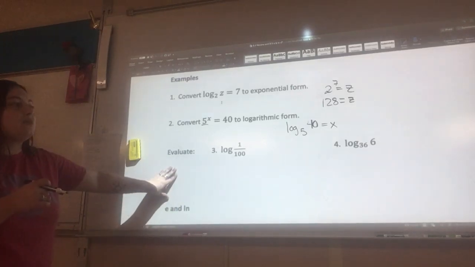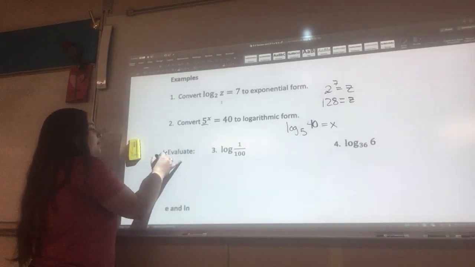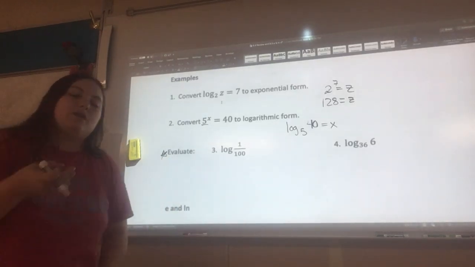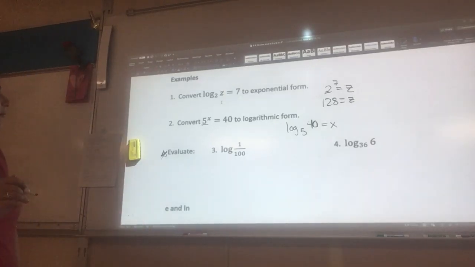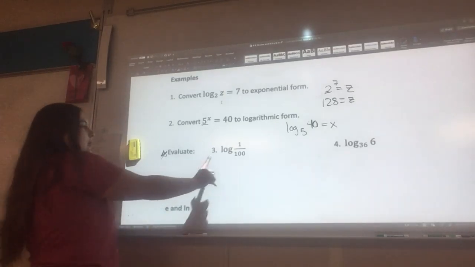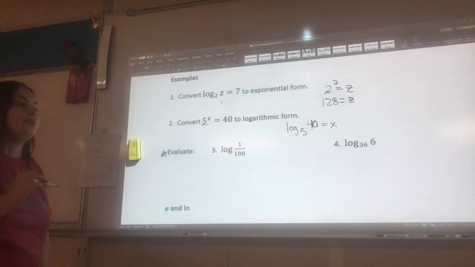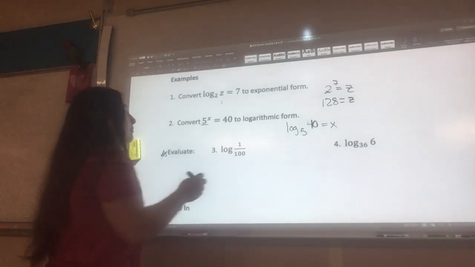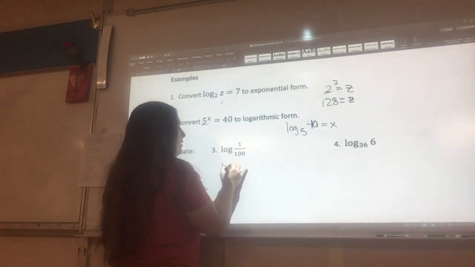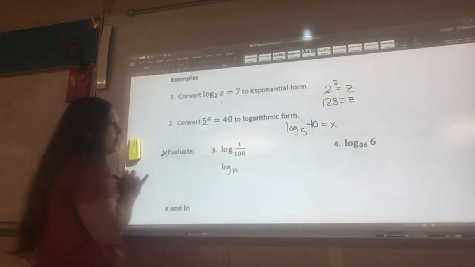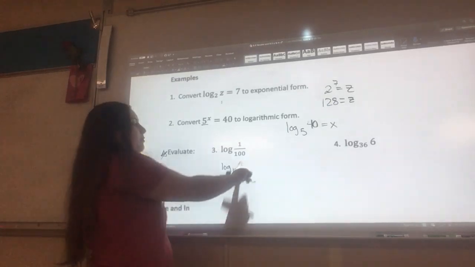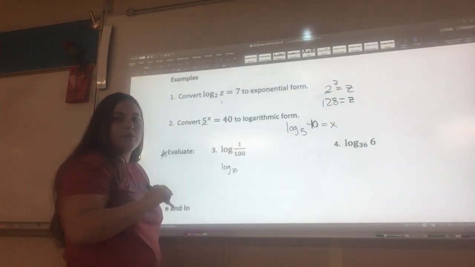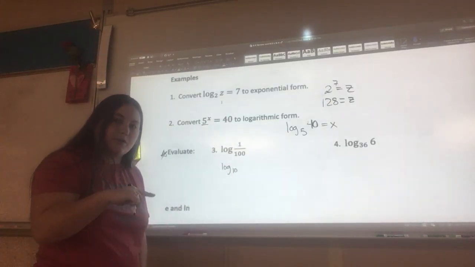So now we also need to remember to evaluate. Evaluation actually is looking for a solid and complete answer. Number 3 says log of 1 over 100. It has no base, so that means the base is 10. So this is saying log base 10. We also need to remember, what do fractions mean? Well, fractions mean negative exponents.